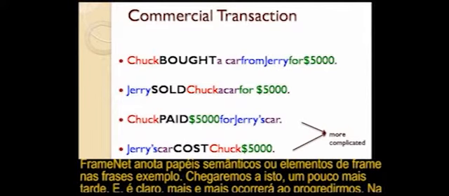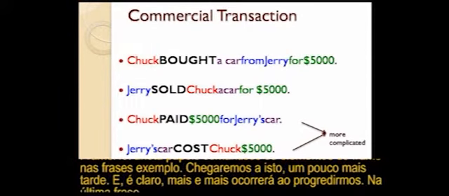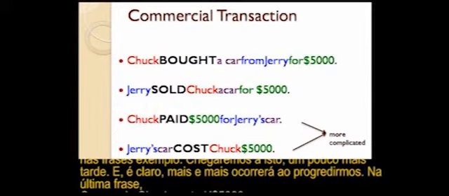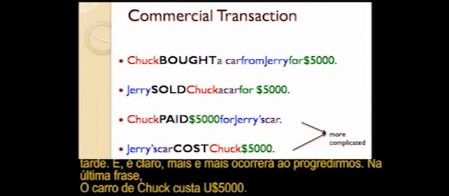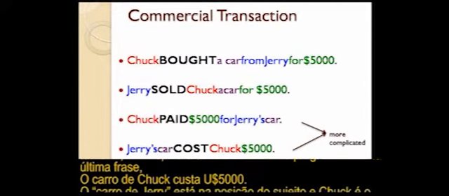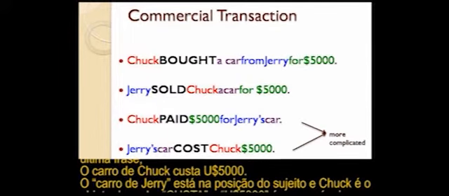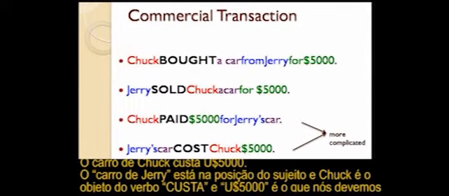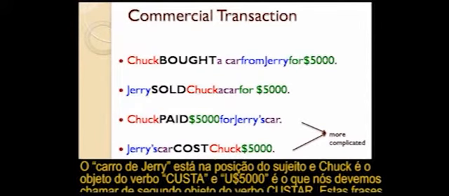So in the last sentence, Jerry's car cost Chuck $5,000. Jerry's car is in subject position, and Chuck is the object of the verb cost, and $5,000 is what we might call the second object of the verb cost.